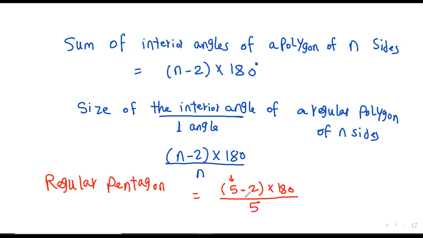Why did I divide by 5? Because the regular pentagon has 5 angles. So it will be 3 times 180 divided by 5, which is 540 divided by 5. So the size of one angle of the regular pentagon will be 108. Okay.